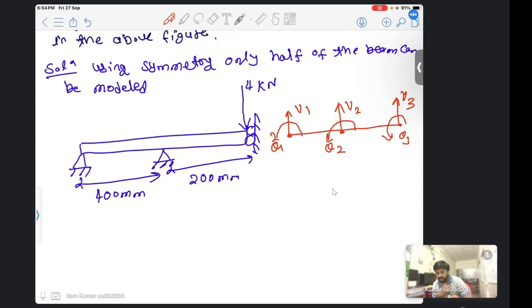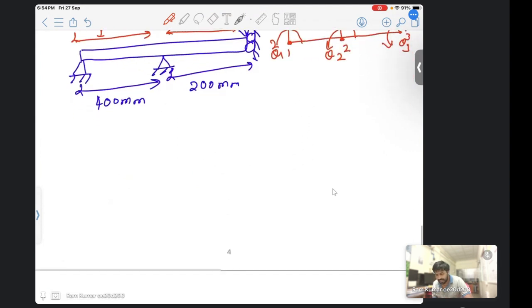Okay, fine. So now we have to find the stiffness matrix for each element. This is our first element, this is our second element. So for both elements we have to find the stiffness matrix.